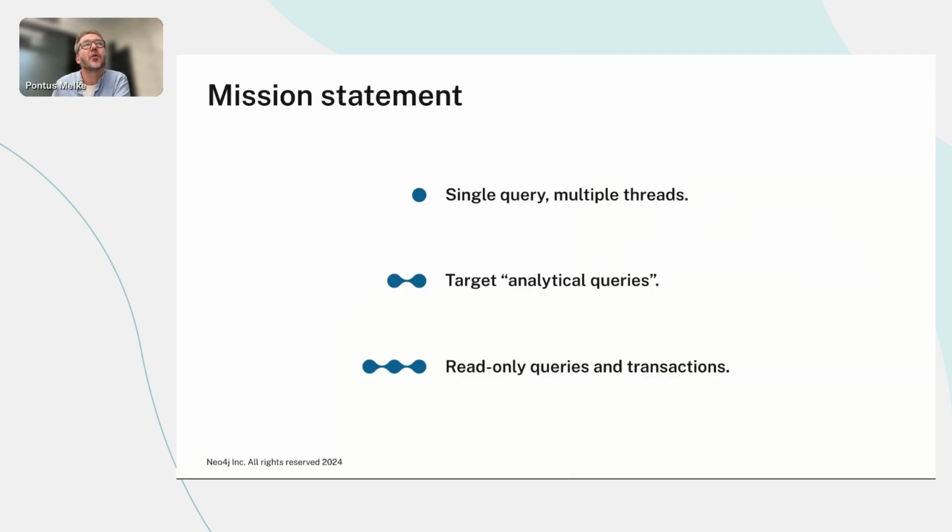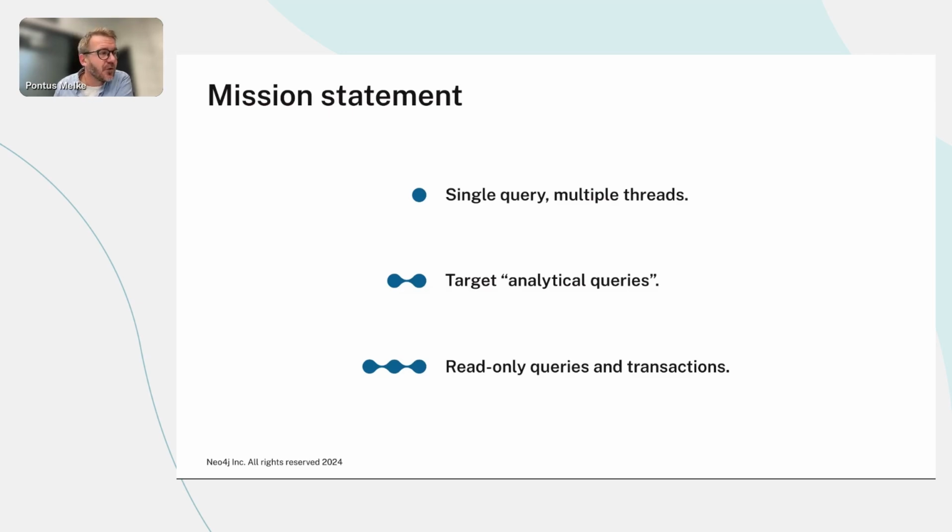So what we're trying to achieve with this new, it's not that new anymore, it's a year old, is that historically Neo4j has been really good at achieving concurrency by having multiple queries running at the same time. You have your thousands or 10,000 queries running at the same time, and in that way you can achieve nice concurrent workloads.